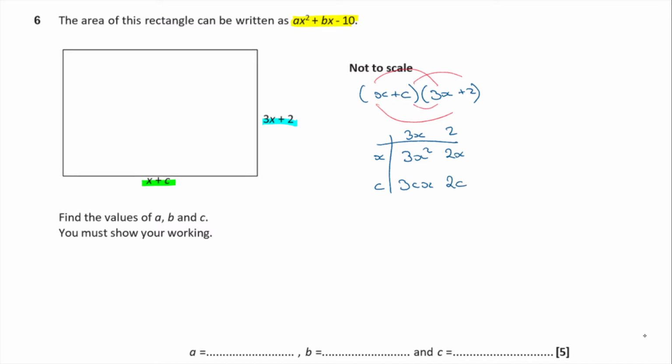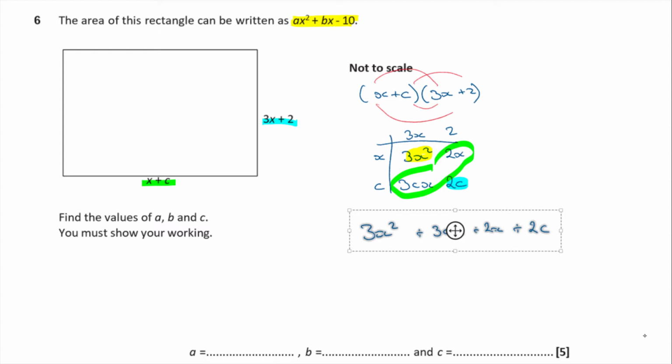Okay? So then I've got a term in 3x squared, which I'm going to write at the start. Look, 3x squared. And then I've got 2 terms in x here, so I'm going to have to combine these together, aren't I? So it's going to be plus 3cx plus 2x, and then the constant term on the end, but it's got a c in it at the moment, plus 2c.